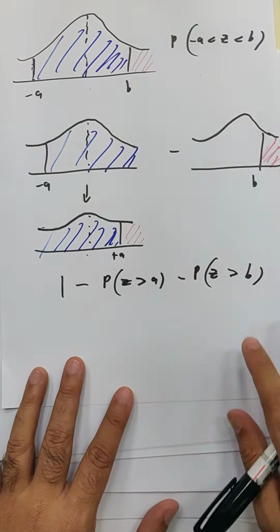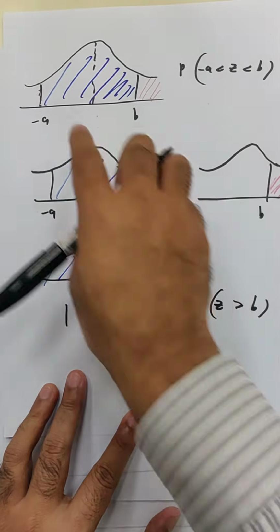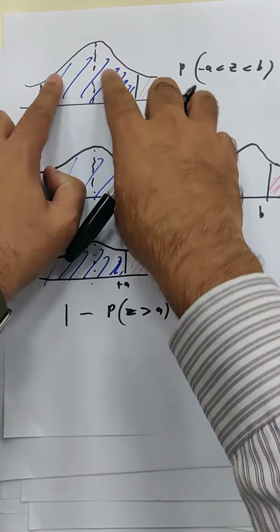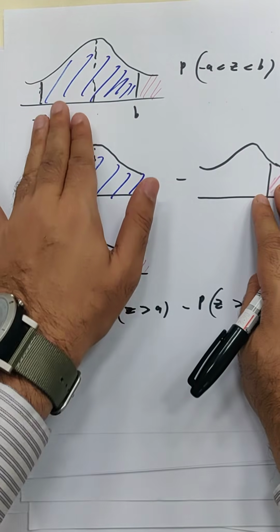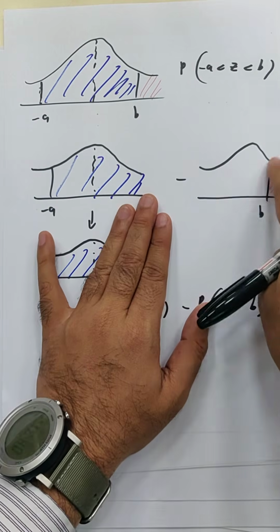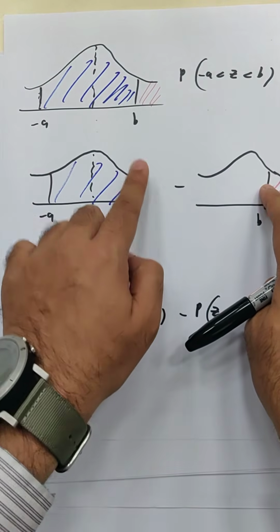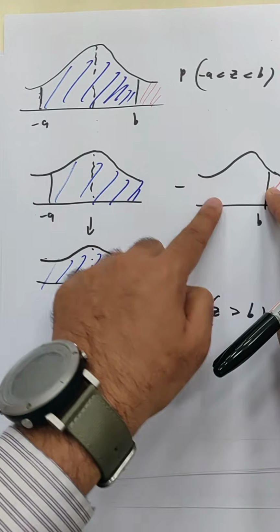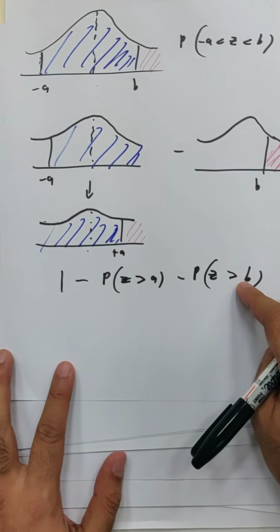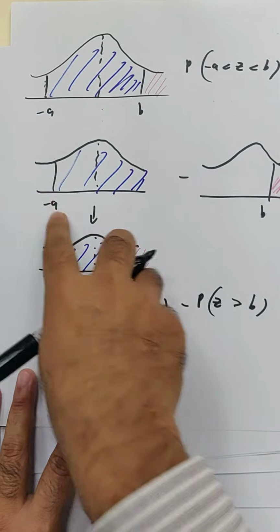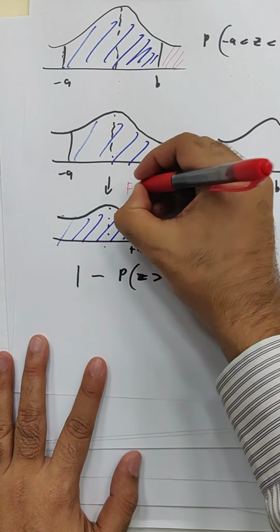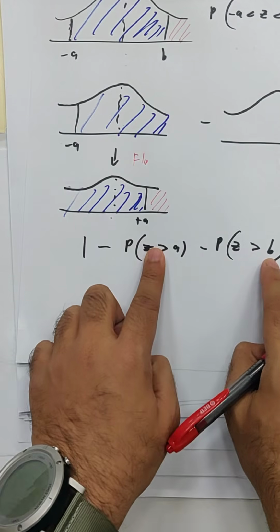Let's have a look at it again. If I see I'm going to minus this part, I'm going to find the one in the middle. What I'm trying to do is split this into two parts, where this whole thing minus this small part here. Okay, this part is easy because it's positive. You can just read it directly. But this part here, since it's the negative area, what do I do? I flip it over here.